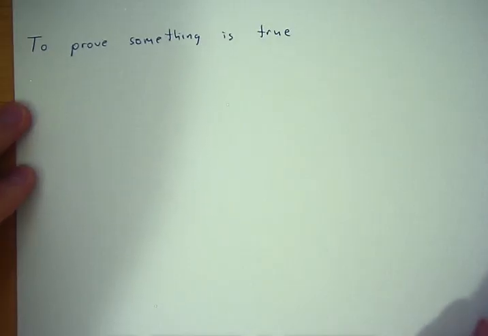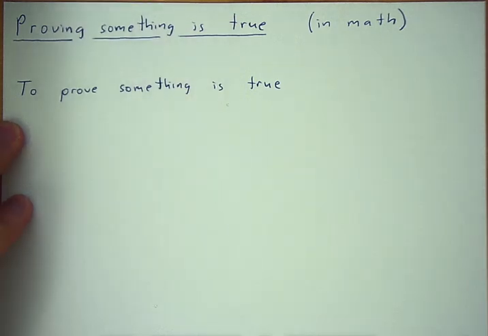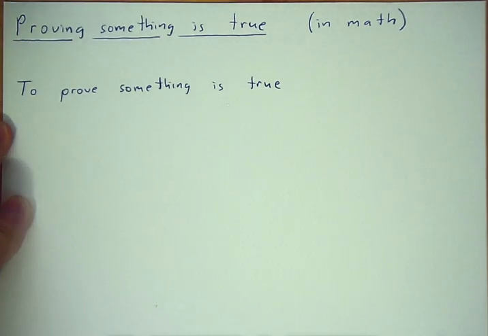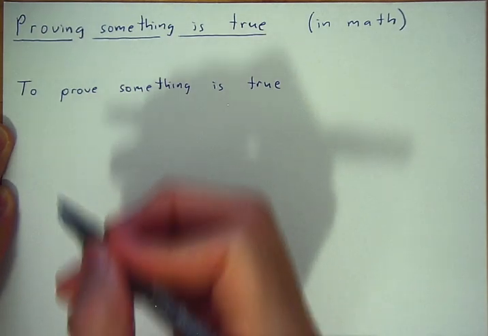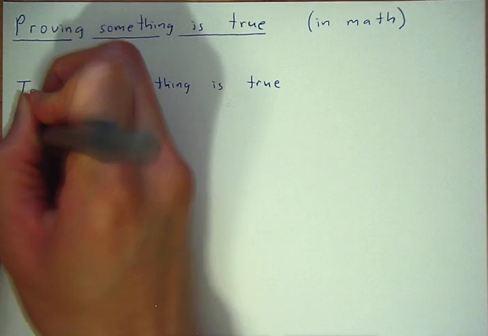Okay, so that's proving that something is false. If you wanted to prove that something is true in math, you basically have just that second option. So if you want to prove something is true, you would basically have to use option B from our notes earlier.